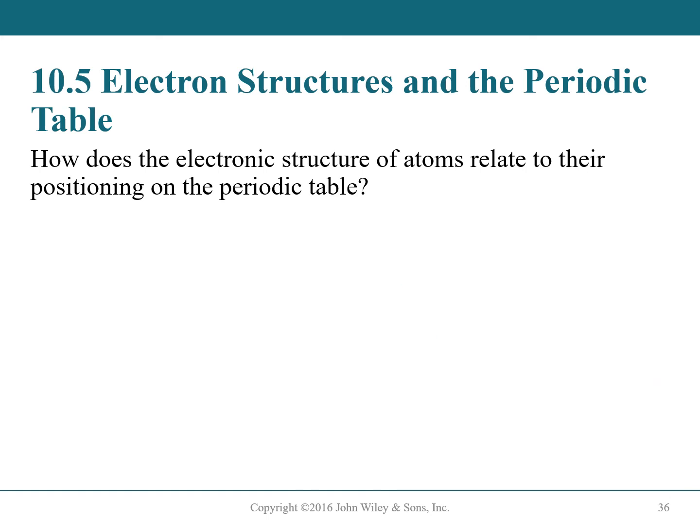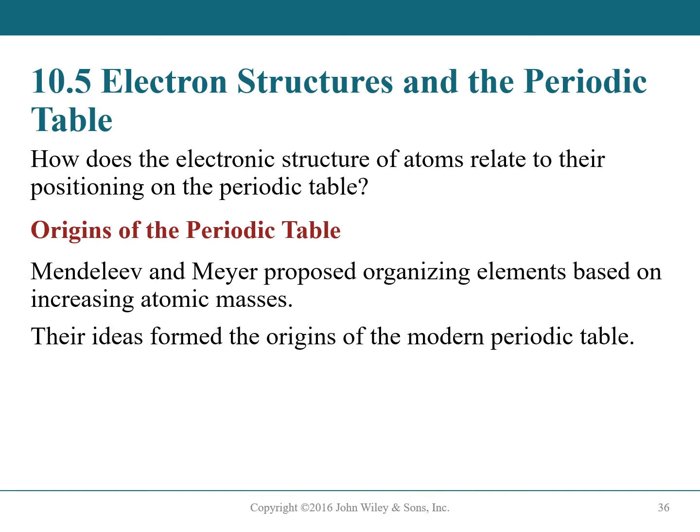What about the positioning of our atoms in the periodic table? Okay, so when we talked about the periodic table, basically they organized it by atomic masses. They also looked at the reactivities, and so sometimes they might switch it.